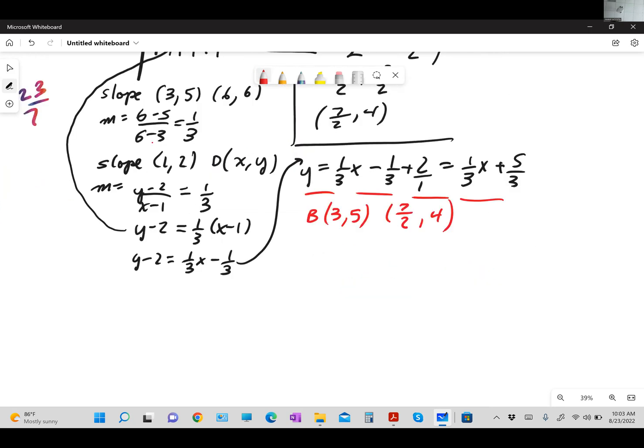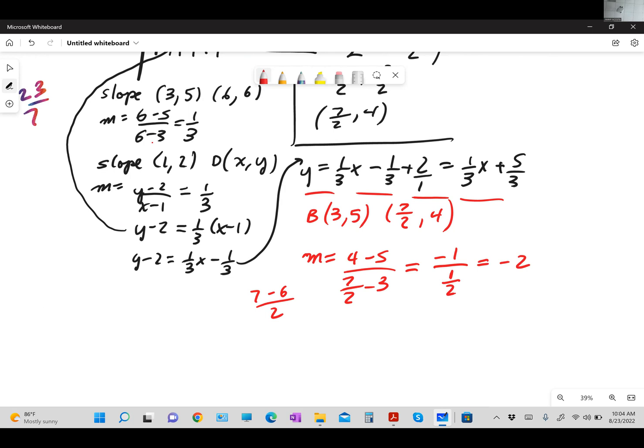The slope is m equals 4 minus 5 divided by 7 over 2 minus 3, which is not pretty at all. 4 minus 5 is -1. And then we have 7 over 2 minus 3, so I'm going to go 7 minus 6 divided by 2, which is half, 1/2.